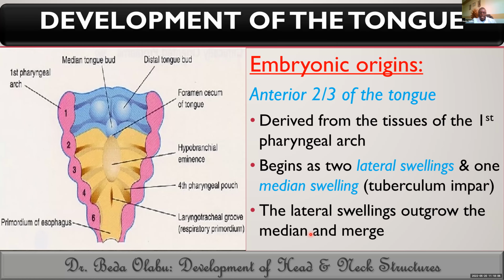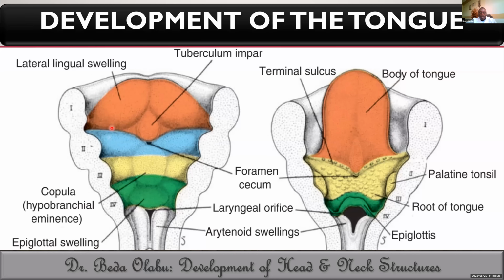What is the end result of that faster growth? The end result is that now the right and left lateral swellings will merge in the middle and somewhat sandwich the median lingual swelling. This image captures that.